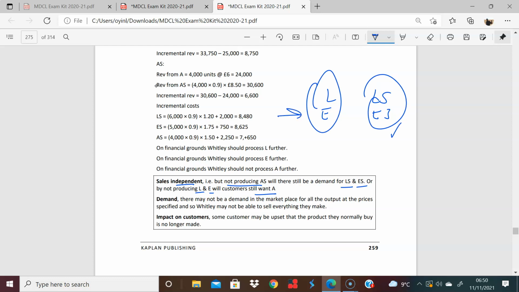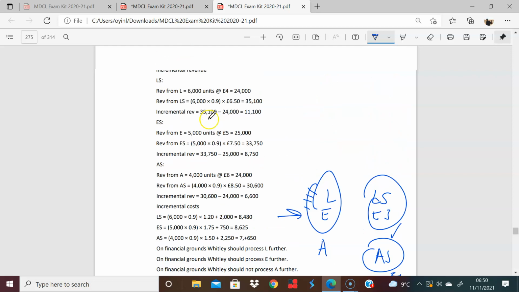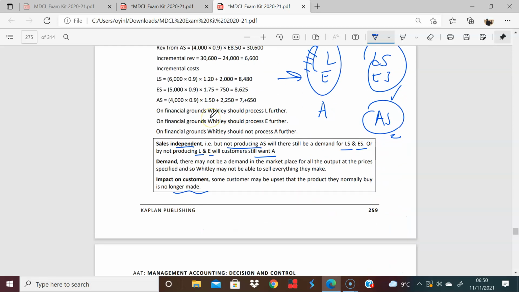And how will you deal with the customers who have always had LE? Yes, you're still producing A, but what about because you've stopped AS? What about the demand for AS, and is it in combination? So typically, it's really about customers and the extent of the demand for what you're making, and that's how you deal with that question. Okay.